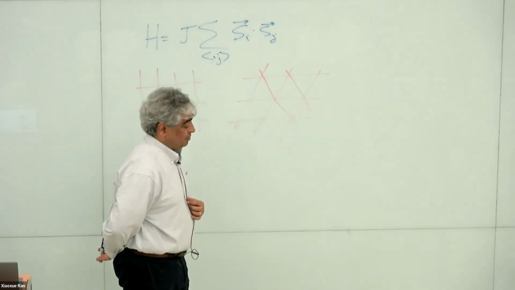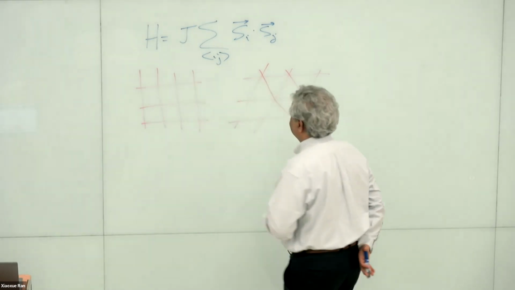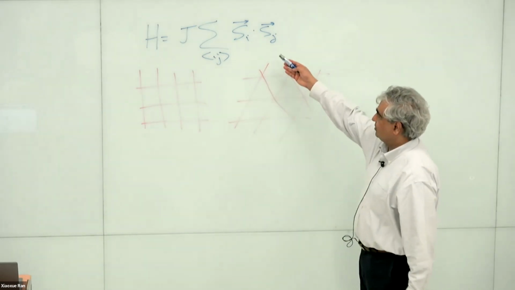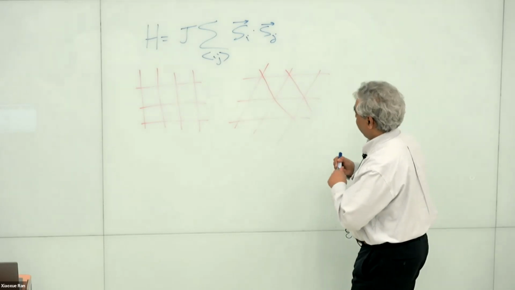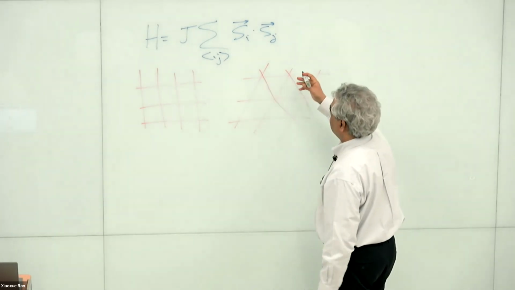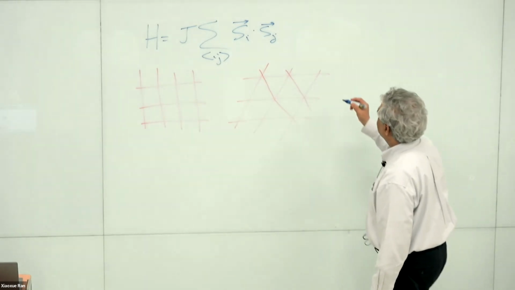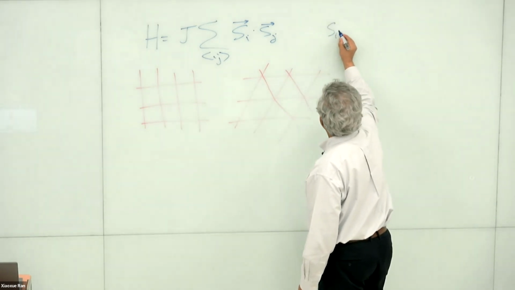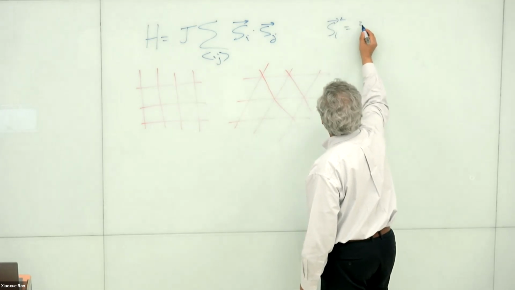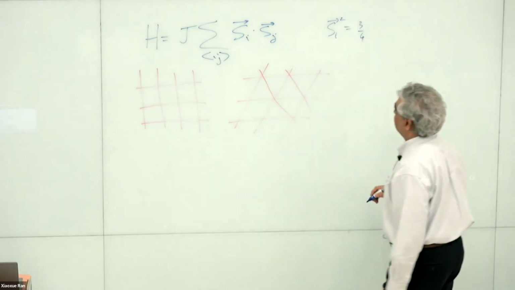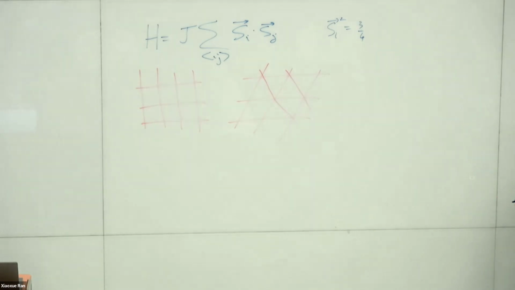Okay, so to begin with, let's imagine we have some antiferromagnet, where these S's are spins on the sites of a lattice, could be a square lattice or a triangular lattice for definiteness. So S_i squared, it's spin a half, so this is 3/4. And we want to know something about the actual ground state.